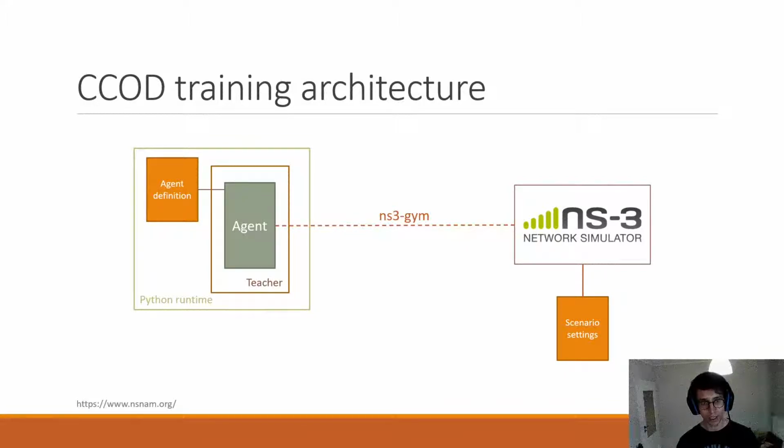Both the scenario setting and the agent definition are easily customizable. To showcase this, we have trained the CCOD agent using two different reinforcement learning algorithms: DQL, the Deep Q Network, and DDPG, the Deep Deterministic Policy Gradient.